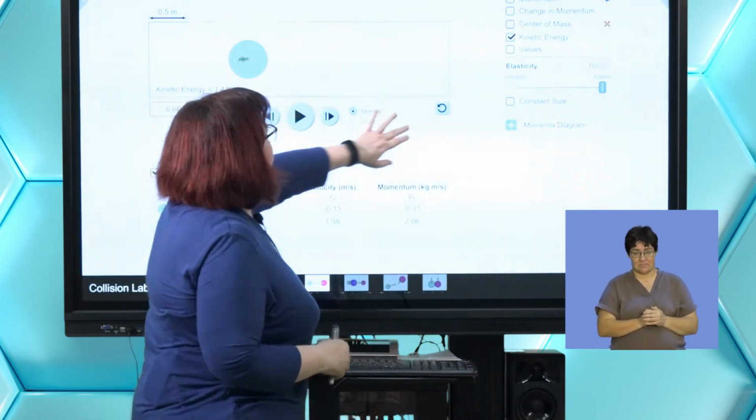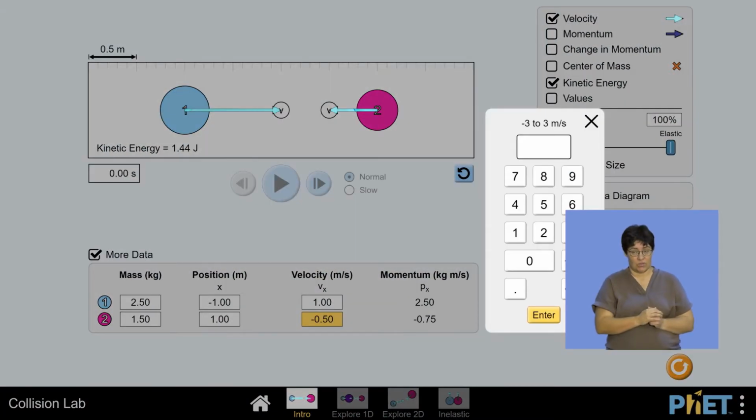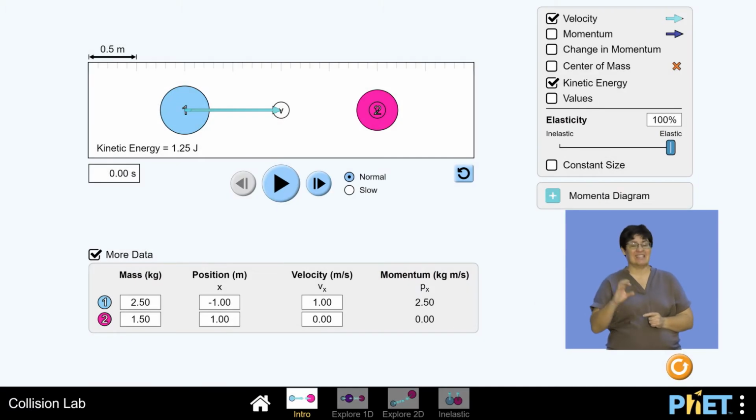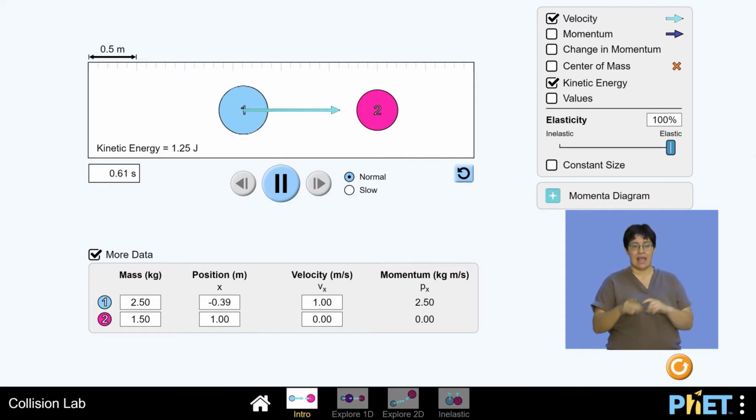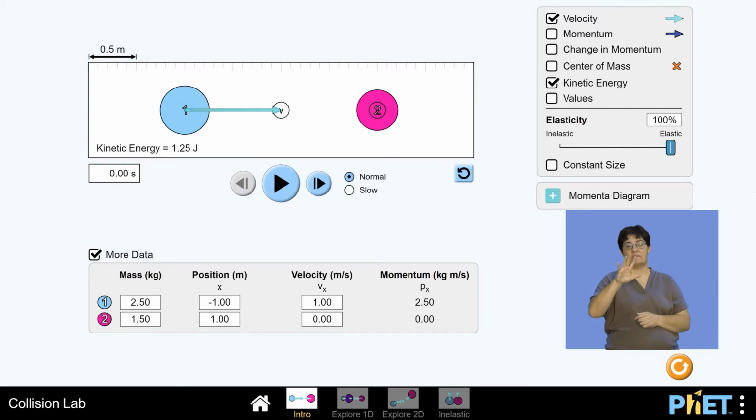Let's look at what happens. Let's make the initial velocity of this object 0. In other words, now we're going to see still an elastic collision, and watch what happens. Total is still 1.25. Did you see that? Look at the total. It's 1.25. All the kinetic energy in the system is coming from number 1.